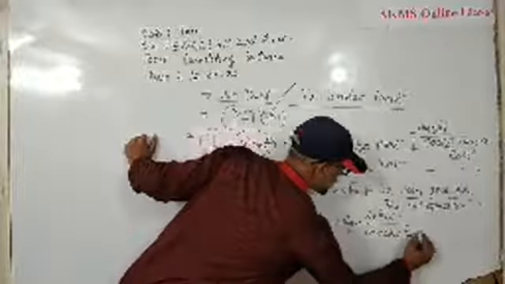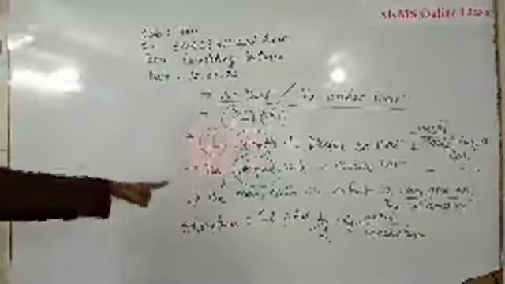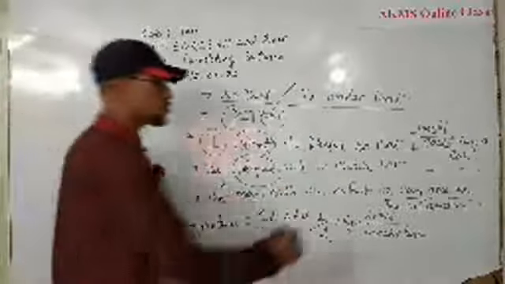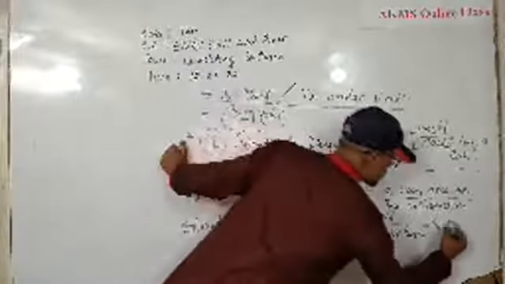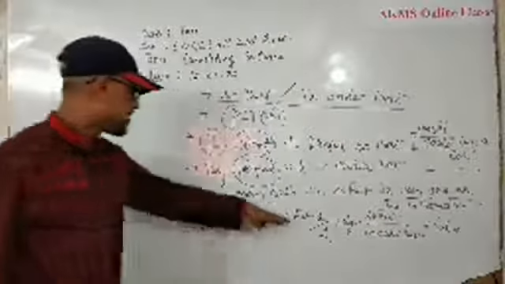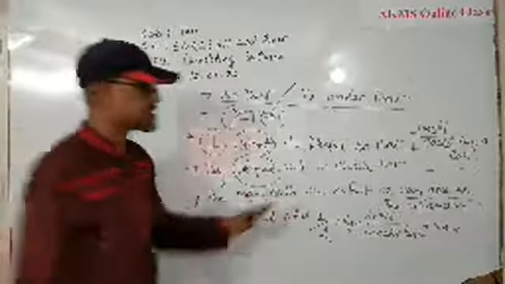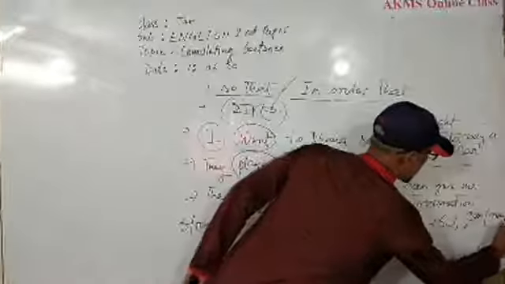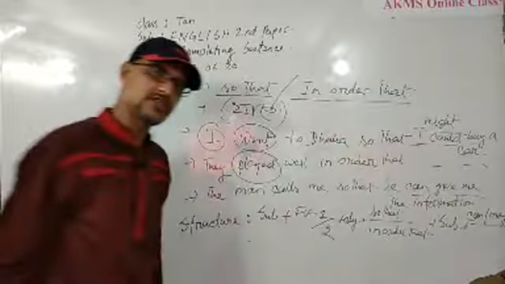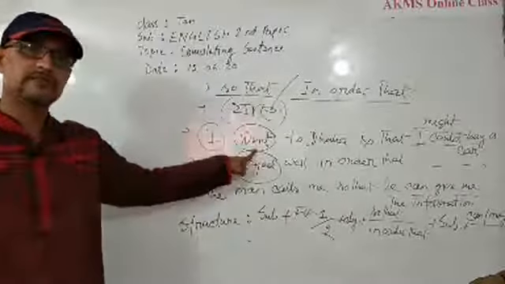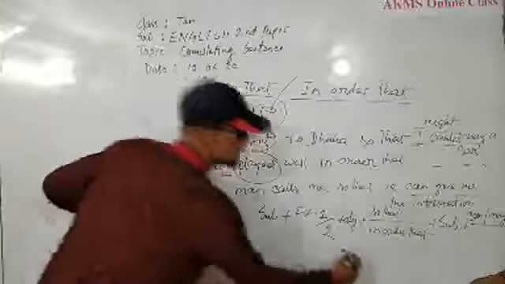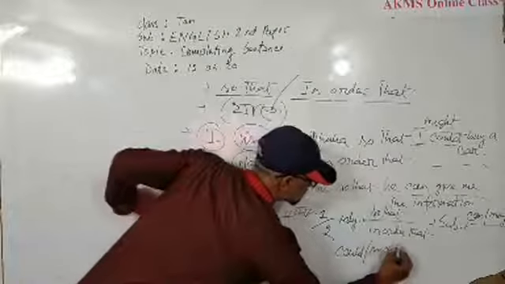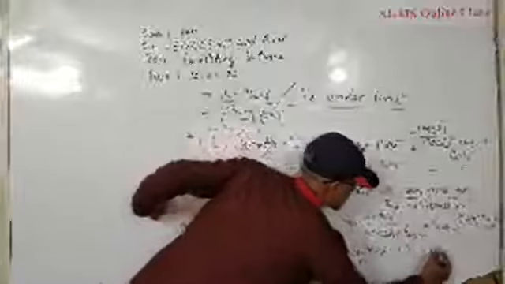Then the structure of the other clause will be: you should use a subject here. If the first verb is in present tense, you will use can or may. But if the first verb is in past tense, you should use could or might. Then verb 1 plus object.